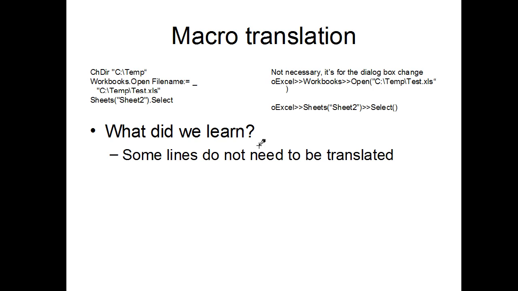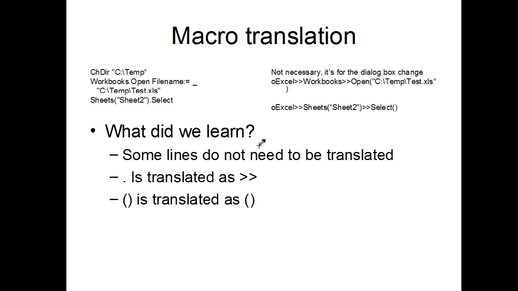You will get some things inside the VBA, like dialog boxes, that you do not want to do on your side, so you just ignore them. Then, very important, the dot in the macro is translated as greater than. That's the most important thing that you need to remember today. Then parentheses, opening and closing, are translated as parentheses. No difference here. And functions always need the parentheses in W language.